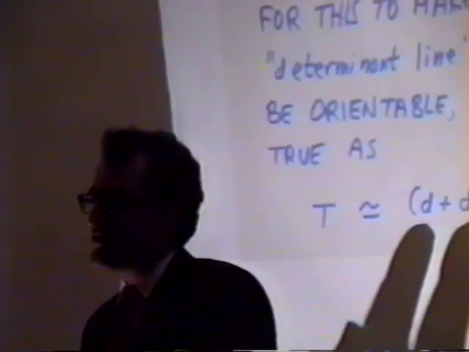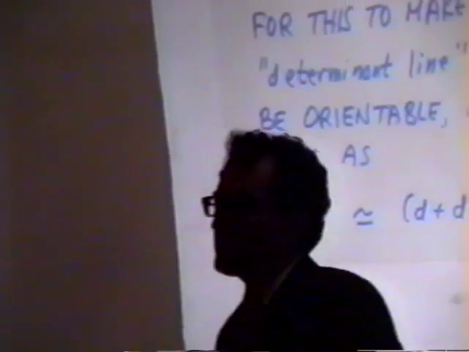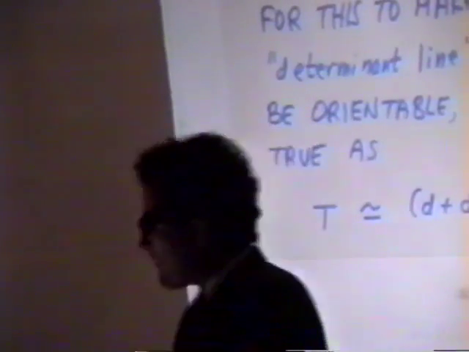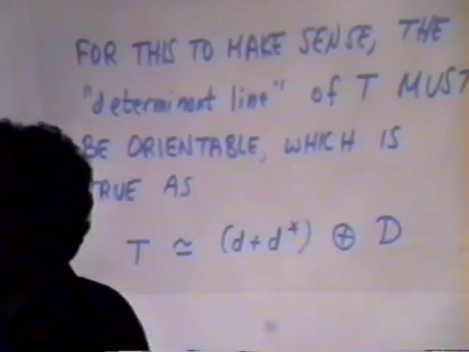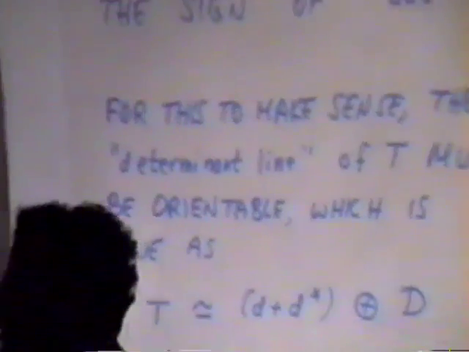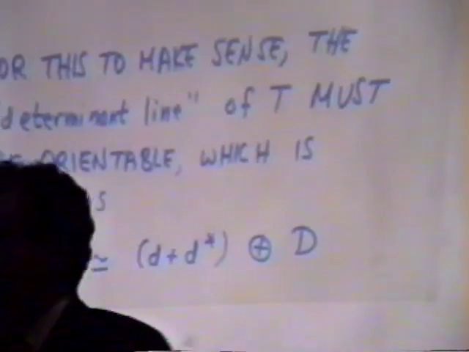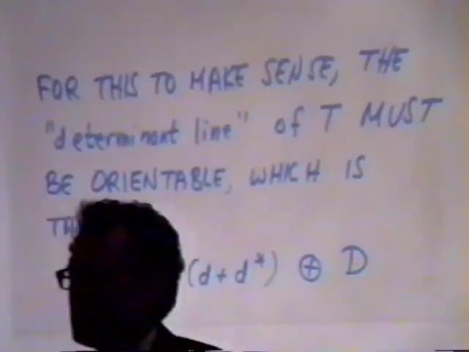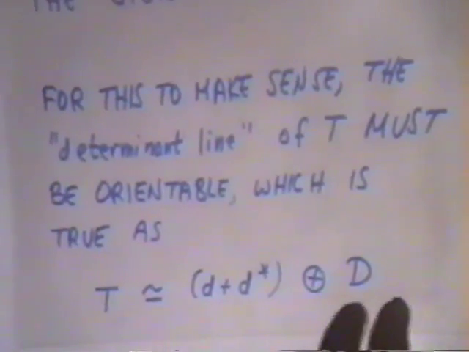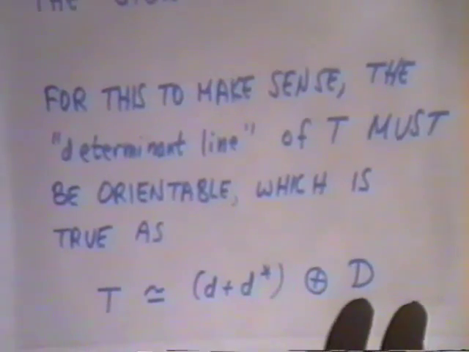This operator is independent of the data, so it has a determinant line that just sits there once and for all. And then D is naturally a complex operator that would have a complex determinant line, but today we're studying D as a real operator. And since a complex line is naturally orientable with an orientation given by multiplication by i, once you pick i as opposed to minus i, you have not just that it's orientable, but you have a natural orientation of the determinant line.